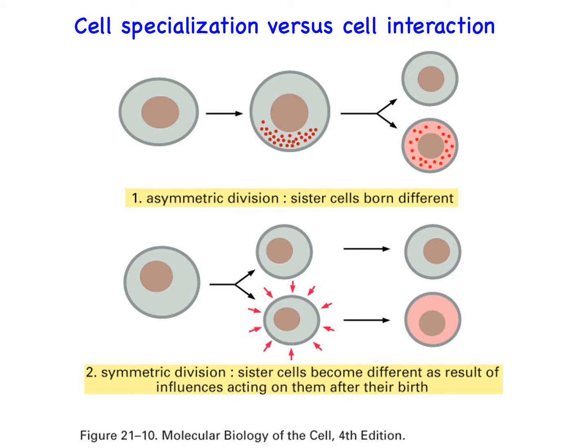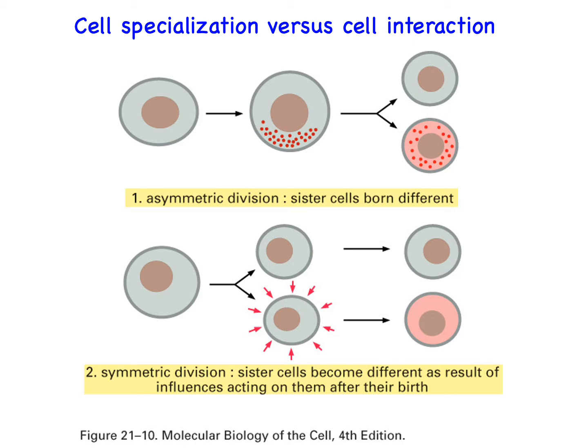Up at the top in this figure, you see a parent cell on the left, and it produces some kind of determinant. That determinant, shown by the red dots here, can be sequestered into one area in the parent cell, so that when it divides, one of the daughters gets all these determinants and the other daughter cell doesn't.